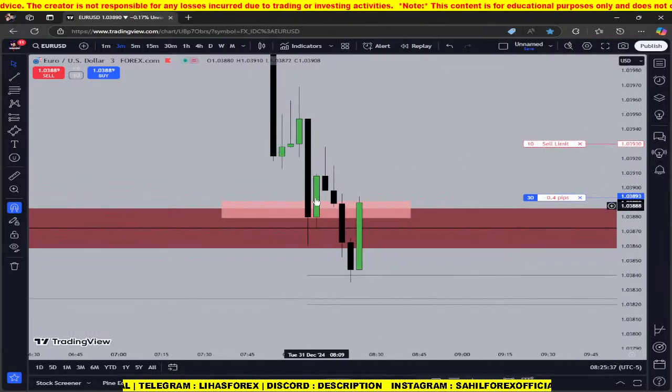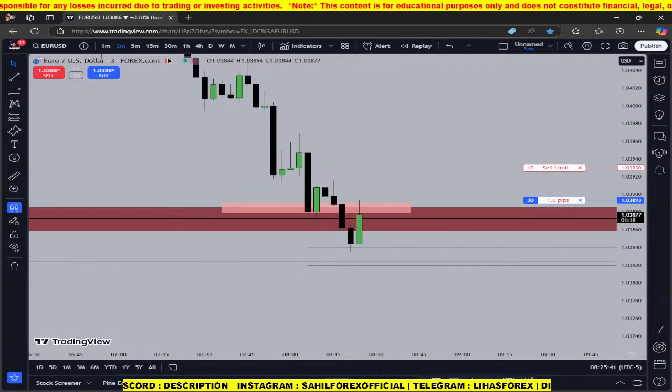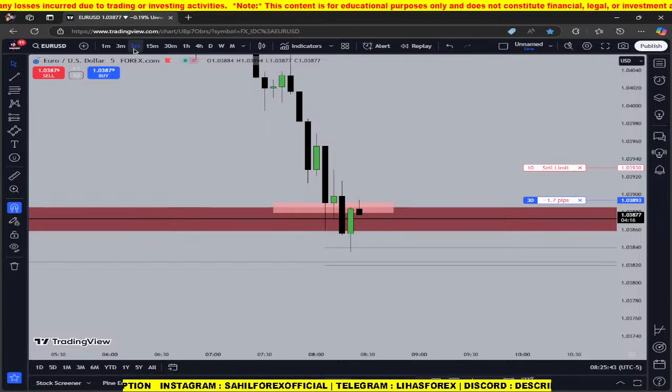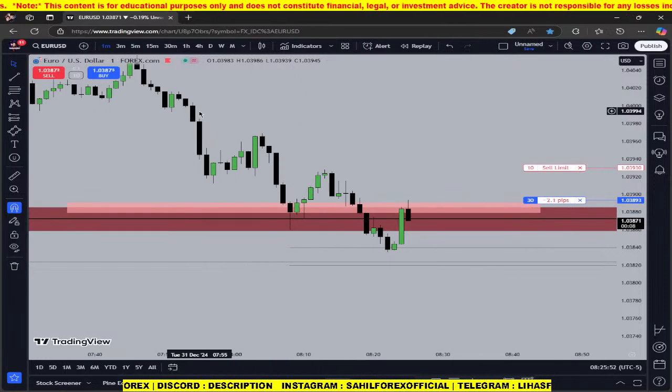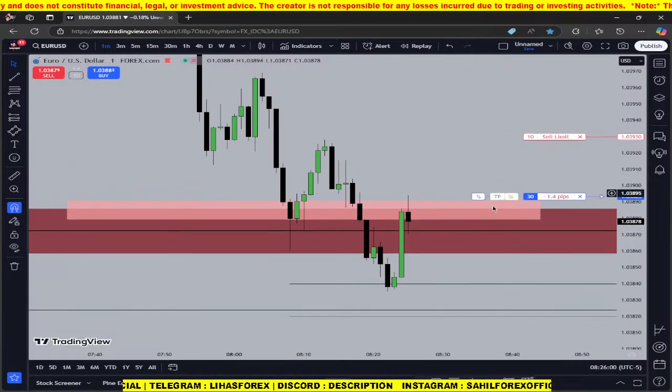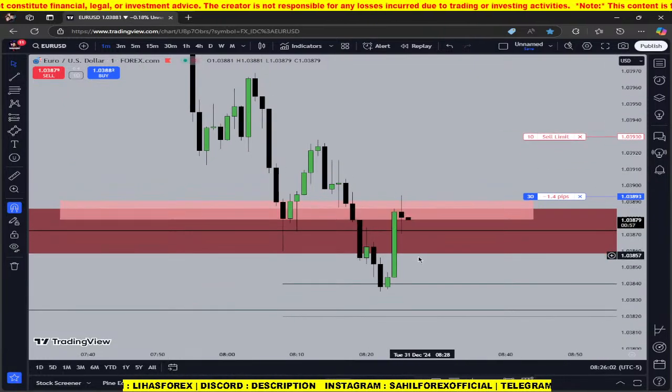Ideally, I want 3 minutes to close this area. If it moved downwards, that's a bad thing for me. That's not a good thing. I want this to stay open, move up.